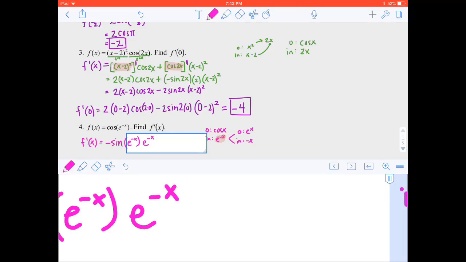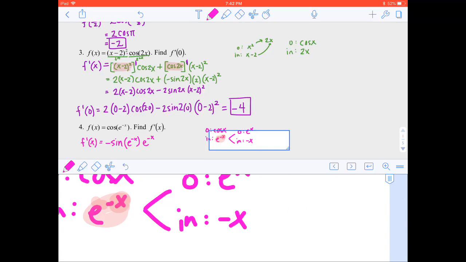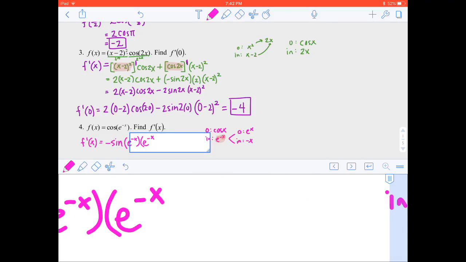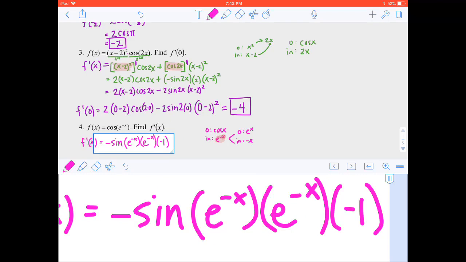And we're going to multiply by the derivative of the inside. So the derivative of negative x is going to be negative 1. Okay, so that's our chain rule. We took the derivative of the outside, keeping the inside, times the derivative of the inside. So this whole thing was the derivative of e to the negative x.